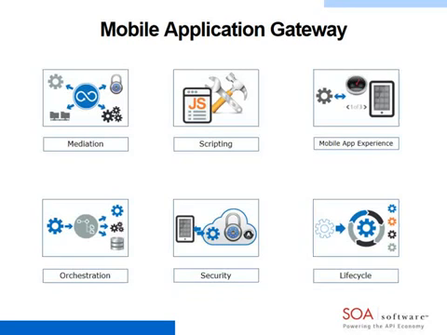So you're stuck in the middle where you need to be able to take backend services, leverage some orchestration, some scripting, some mediation capabilities, and expose APIs. You don't own the backend systems that are exposing the backend services and data itself.